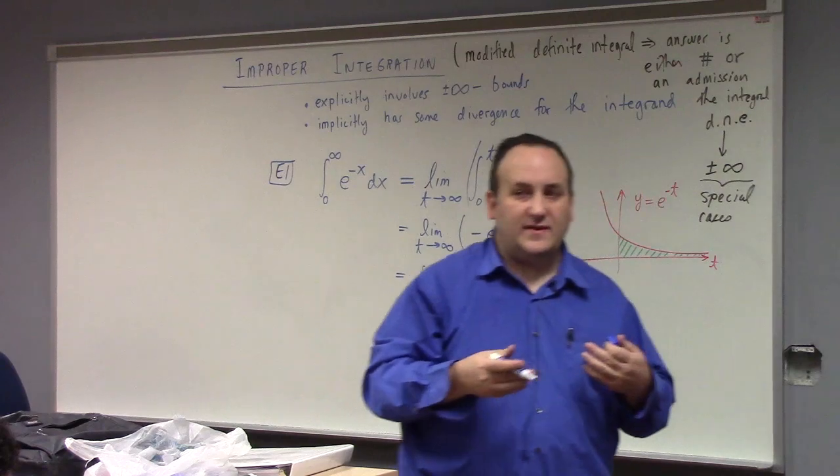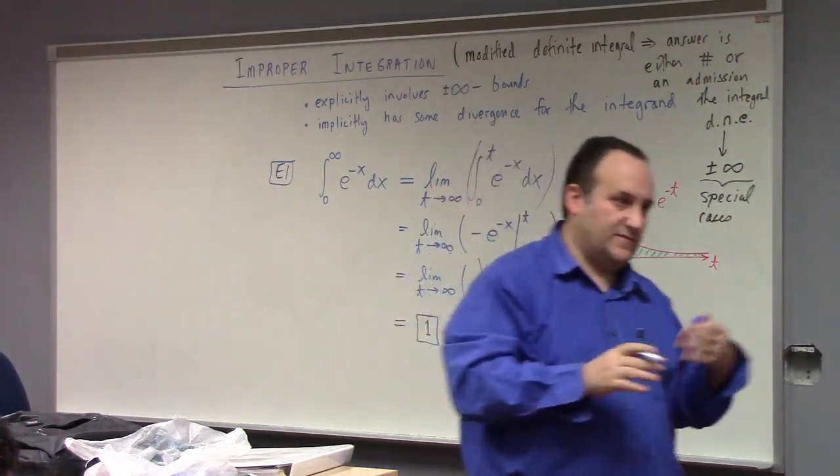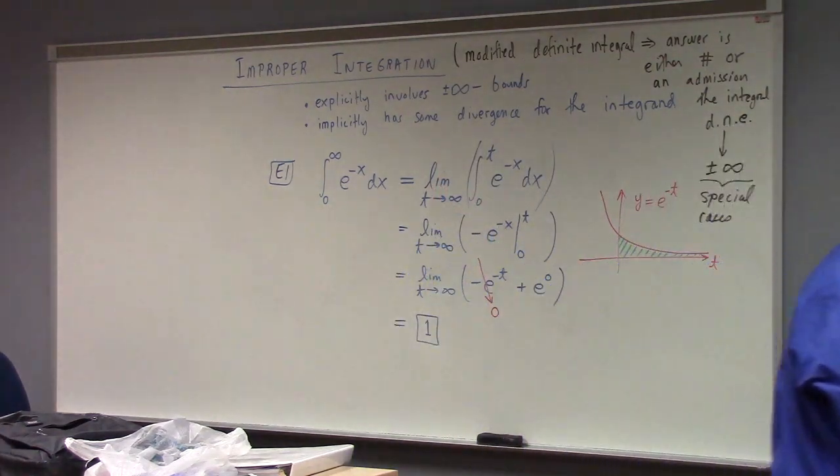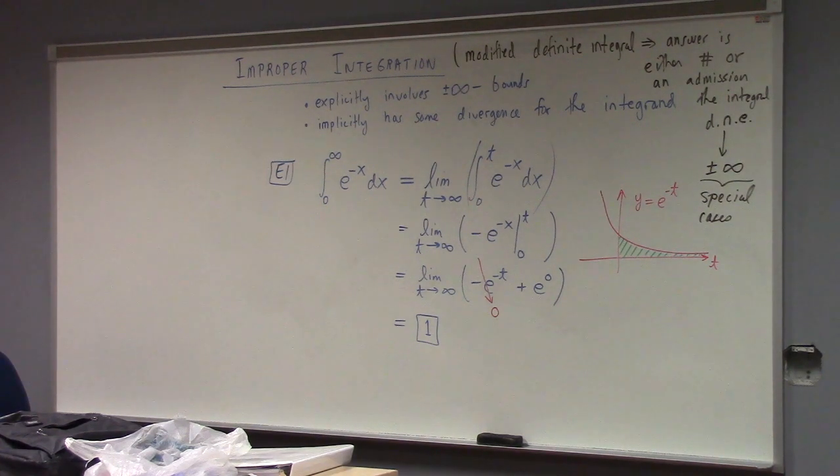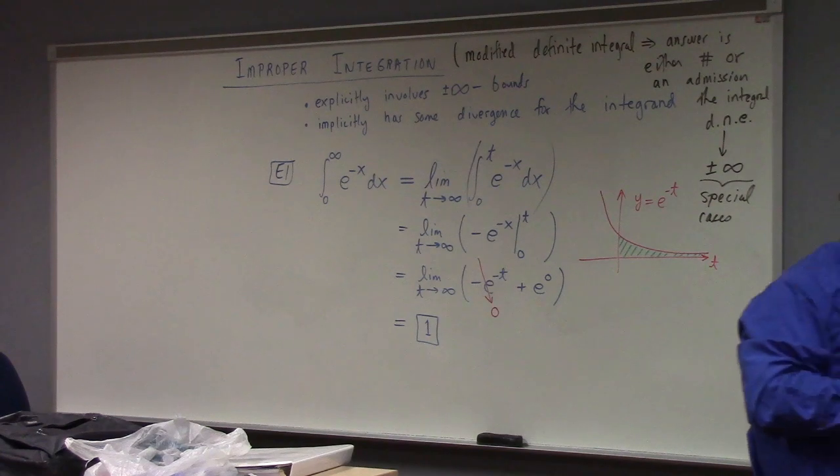To see why I have to make this more complicated than you might think at first, you'll have to wait till the next example. The way we do this is we pick some number in the middle. It doesn't matter which. Let's split it at 0, because 0 is nice. So minus infinity to 0 of dx over 1 plus x squared, plus the integral from 0 to infinity of dx over 1 plus x squared. That's how we're going to split it.